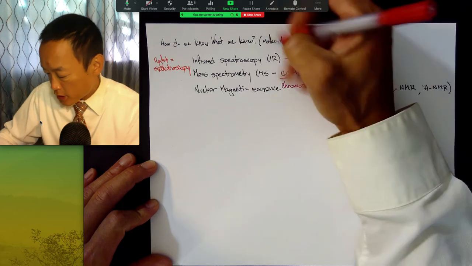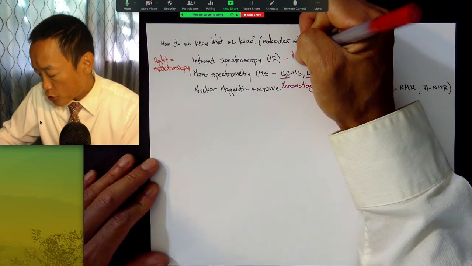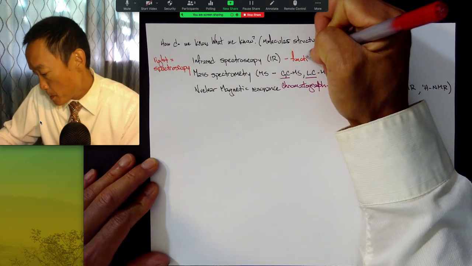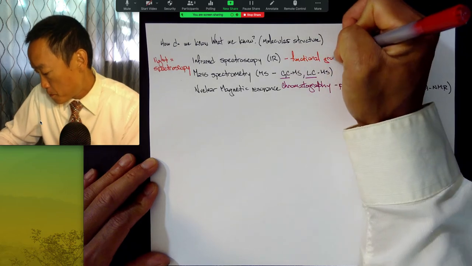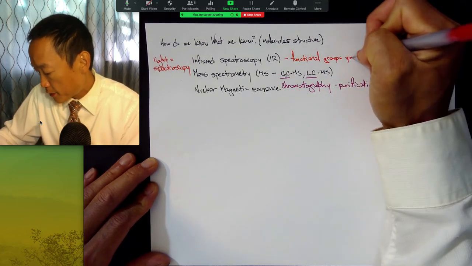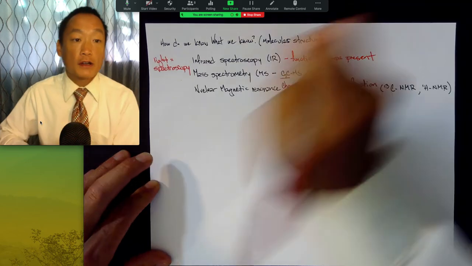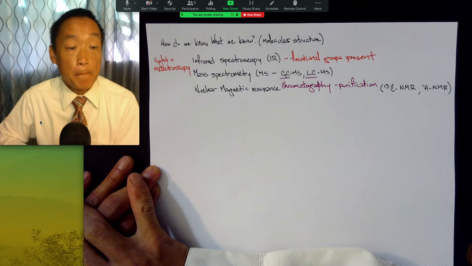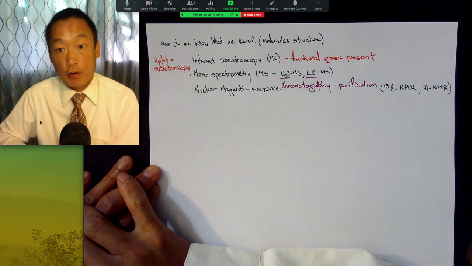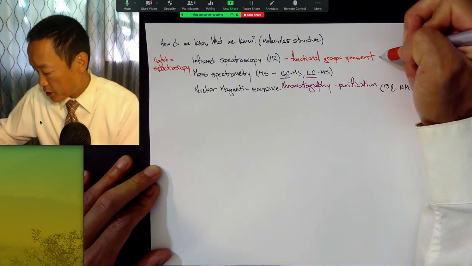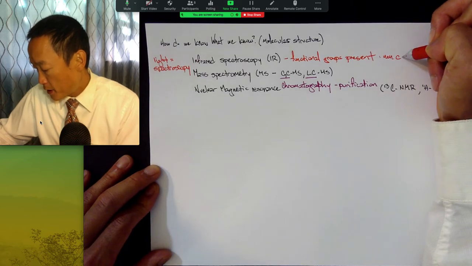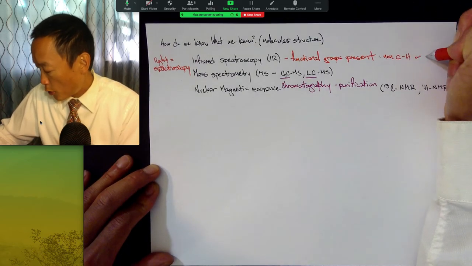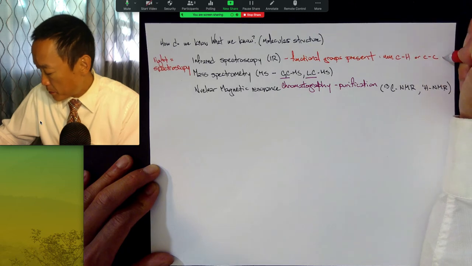Infrared spectroscopy is going to tell us the functional groups present in the molecule. What arrangement of non-carbon hydrogen-based bonds are present? So what I'm suggesting here is the non-carbon hydrogen or carbon-carbon sigma bonds.